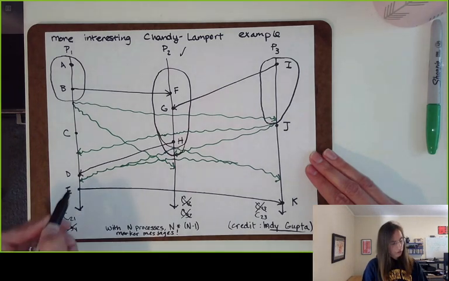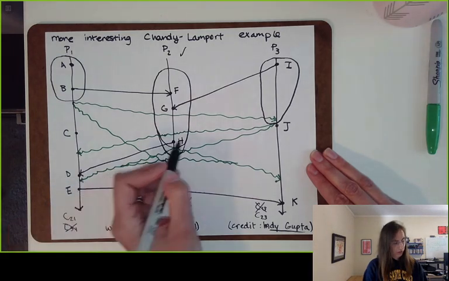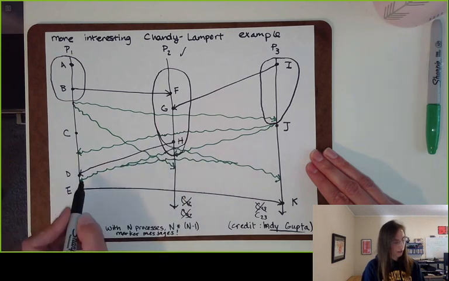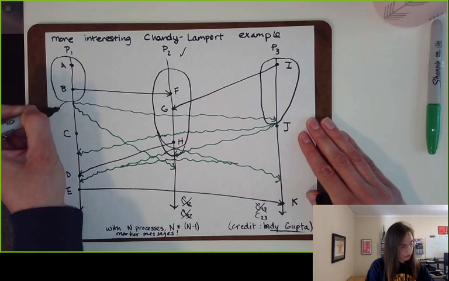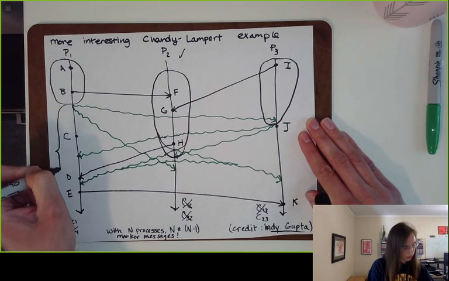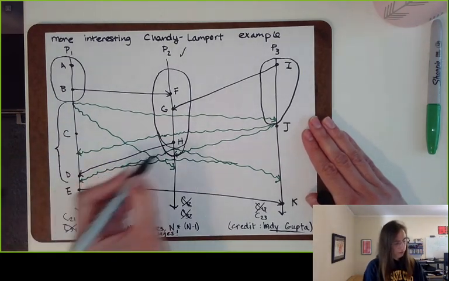So this is kind of an interesting case, because when you record on a channel, you should be keeping track of messages that you received on that channel. And it turned out that one message did come in during the time that we were recording on that incoming channel.